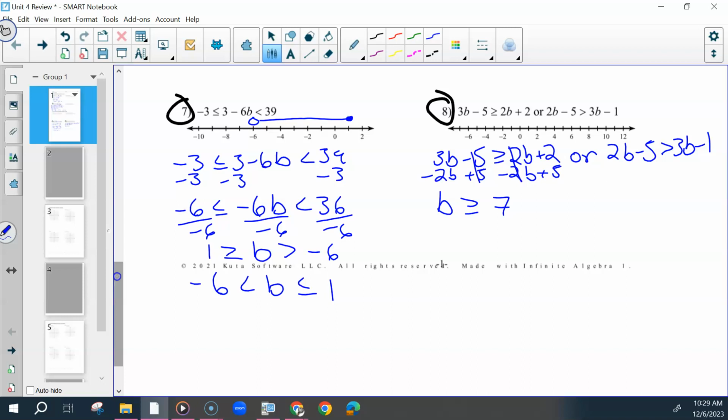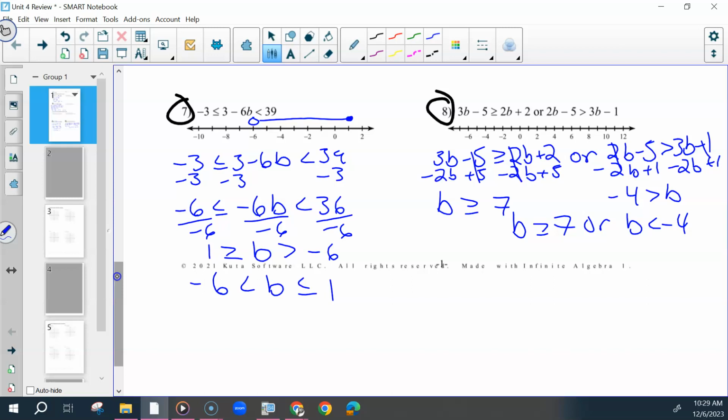Same thing here. Let's say I subtract 2b and add 1. You can either leave this like this or switch it. In between your final answers, you need the word or, since it is an or inequality.